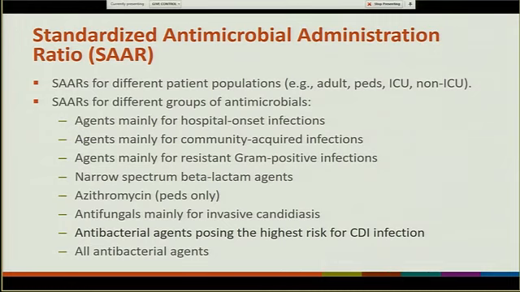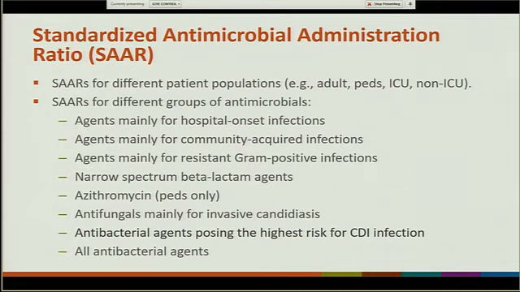Here are the SAAR categories for the 2017 SAARs. This is for adults and pediatrics, but the specific agents that can be included for adults and pediatrics vary, so to know which agents are in each category, it's best to look at the protocol.